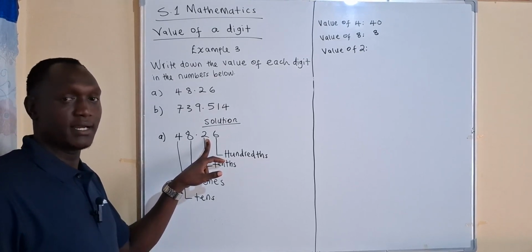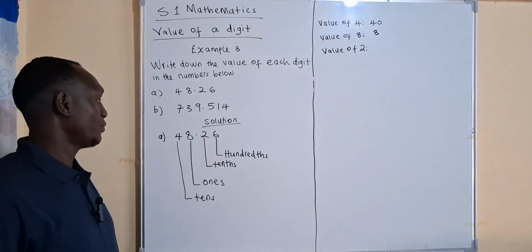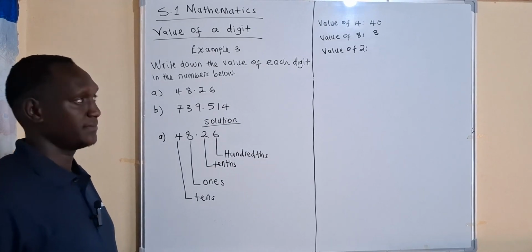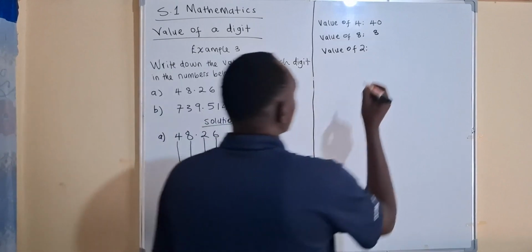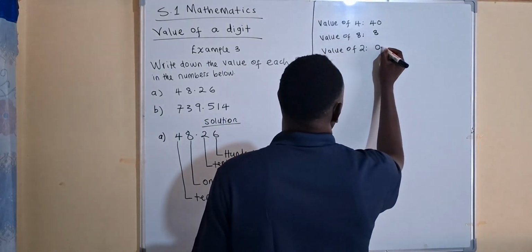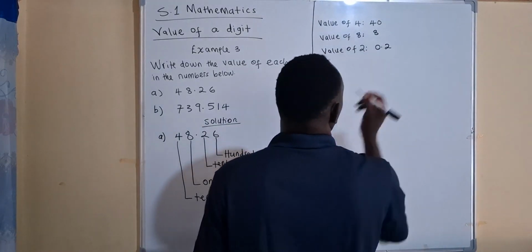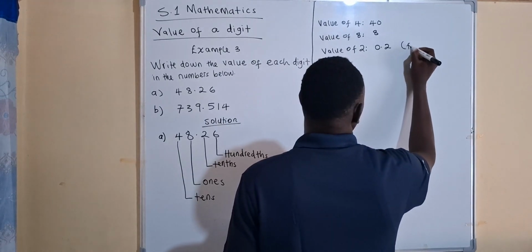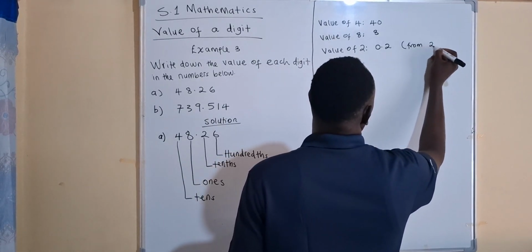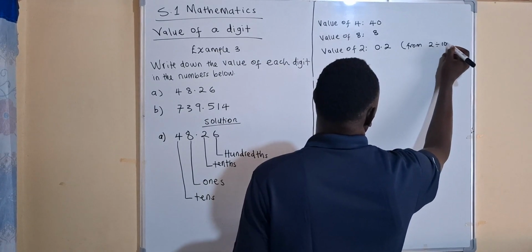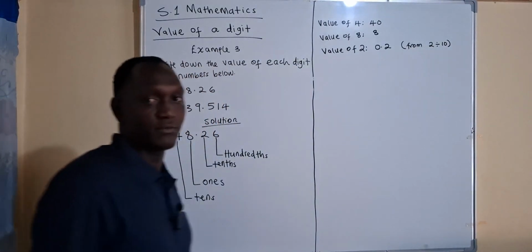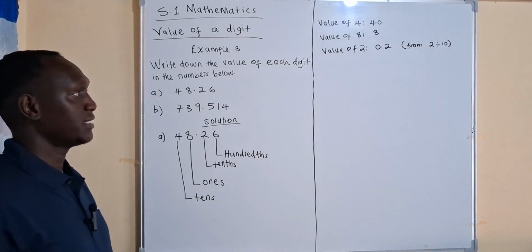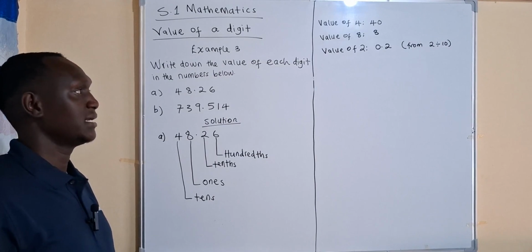So when we divide 2 by 10, it gives us 0.2. How does it come? It is just from 2 divided by 10. And simply, if you press your calculator, you'll be able to get that 2 divided by 10 is 0.2.